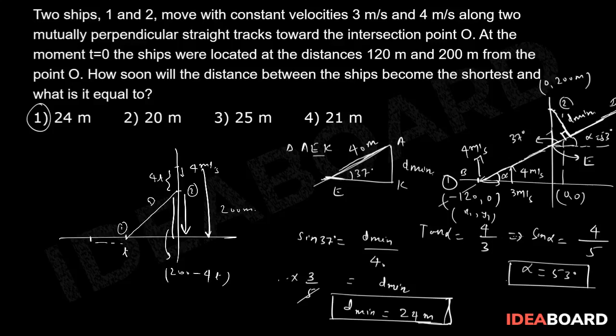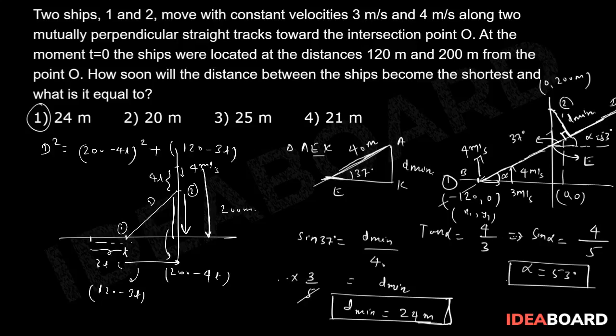Similarly this distance will be 3t, and then this distance will be 120 minus 3t. Then clearly I can write in this triangle d square is equal to (200 minus 4t) whole square plus (120 minus 3t) whole square using Pythagoras theorem.